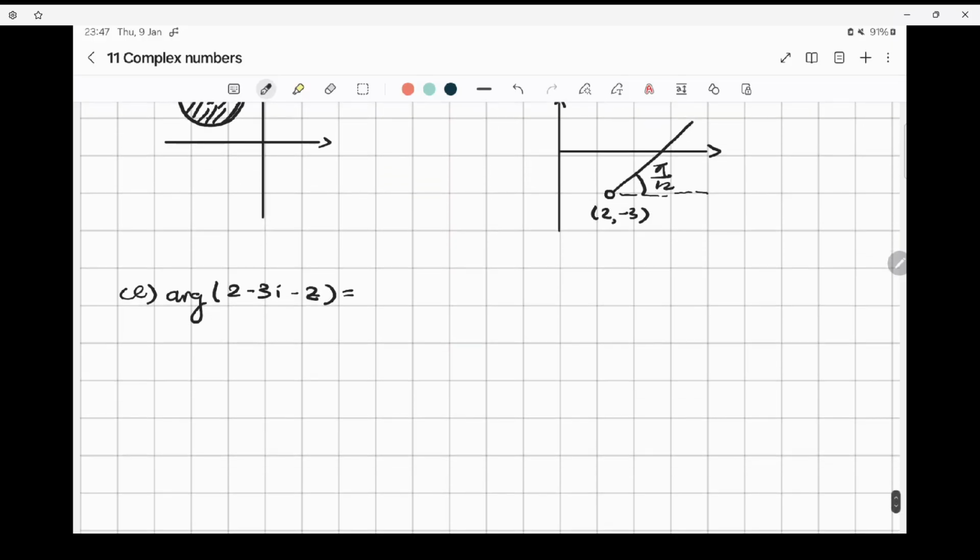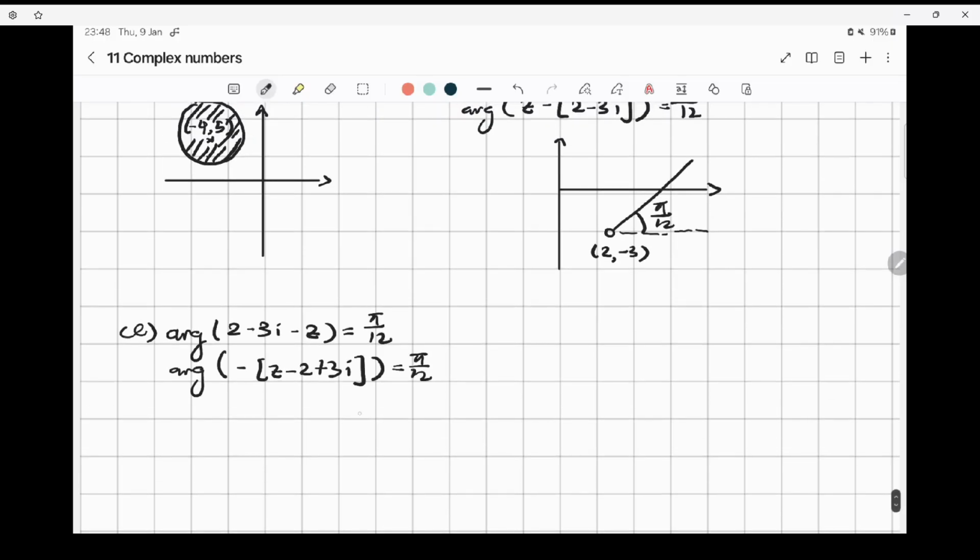So you are still letting it be equal to pi over 12. So first thing first, rewrite everything. You put a minus sign here. Z minus 2 plus 3i.